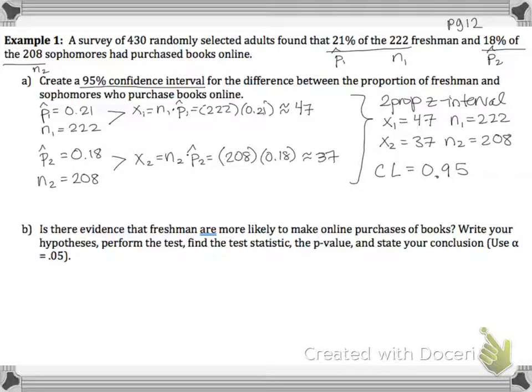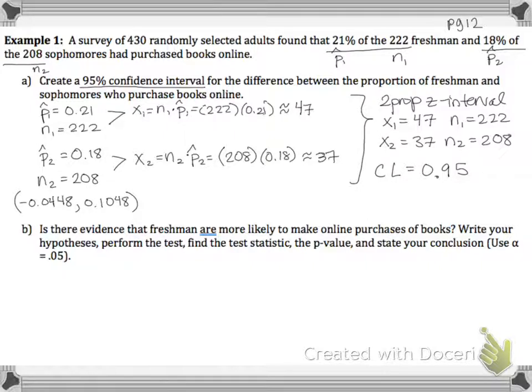So out of that, we get an interval. I'm going to run out of room for interpreting it, so hopefully I can make my handwriting smaller than ever before. Negative 0.0448 is my lower bound that I got, and 0.1048 is the upper bound. So I'm going to make an interpretation here.